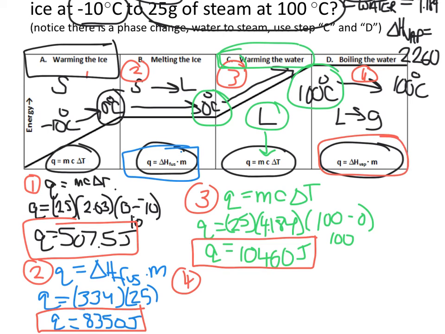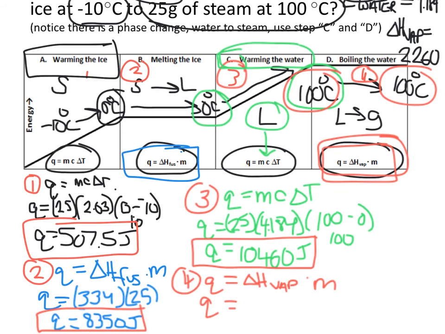So let's do our last step here, and I'll stay with red for part 4. Because there's no change in temperature, you're just going from 100 degrees to 100 degrees, the equation has nothing with temperature in it. But since you are boiling, that's specific to the value called the heat of vaporization. The heat of vaporization does have a specific value for water.